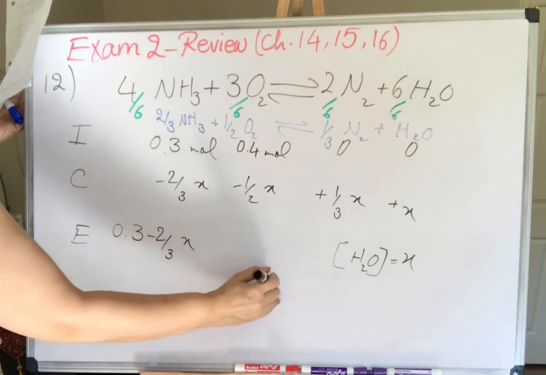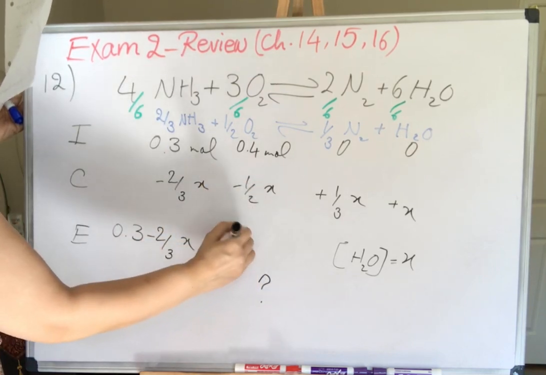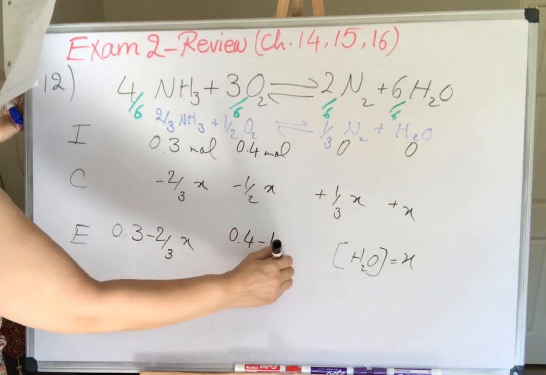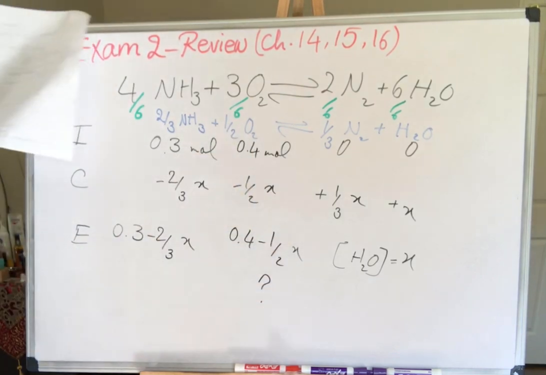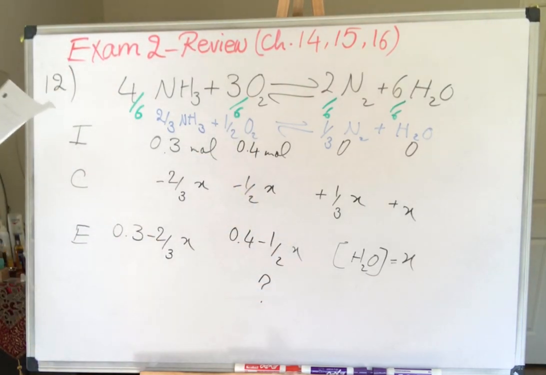For oxygen, it is 0.4 minus 1/2X. And this is the number of moles, right?